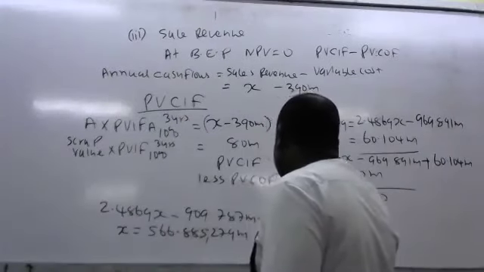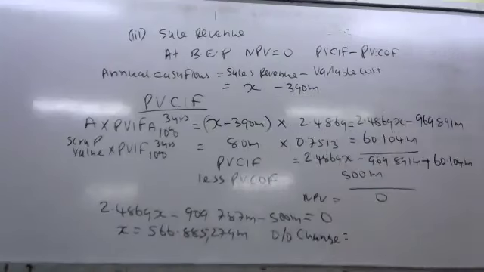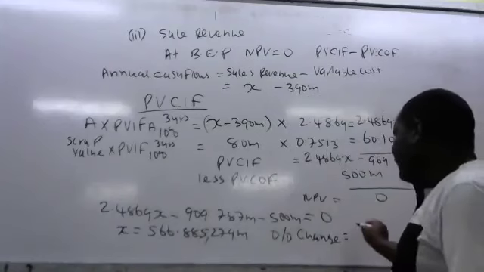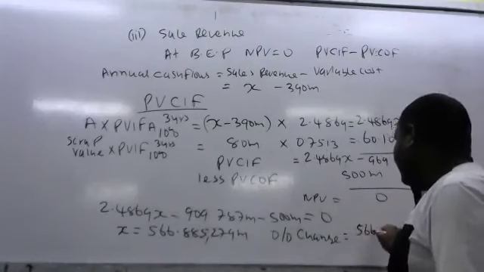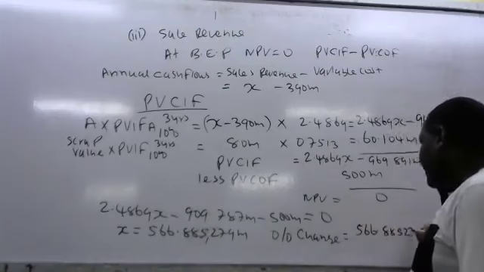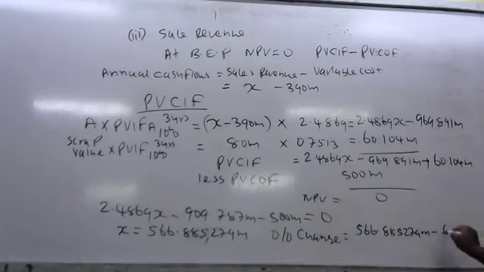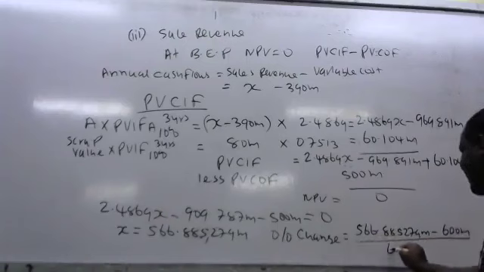For the percentage change, you now take that figure and subtract. How much were we given? 600. Also divide by 600.